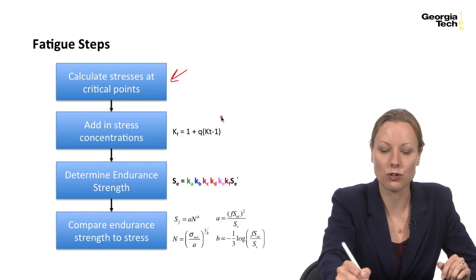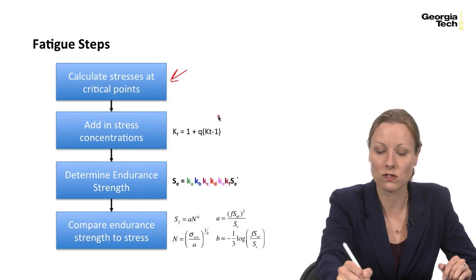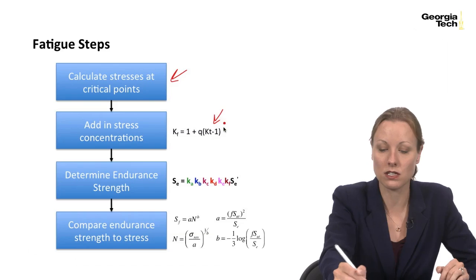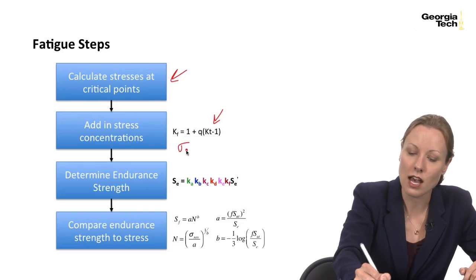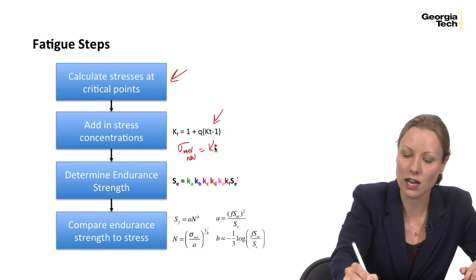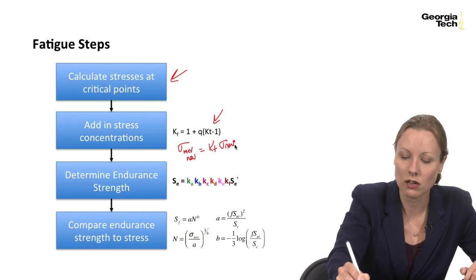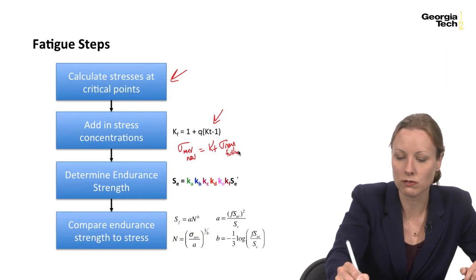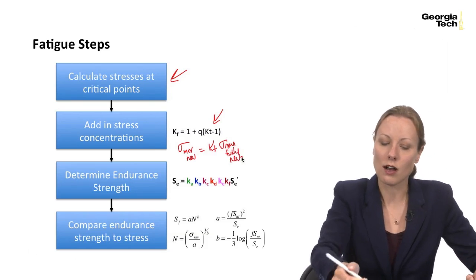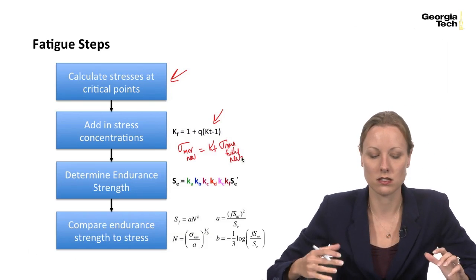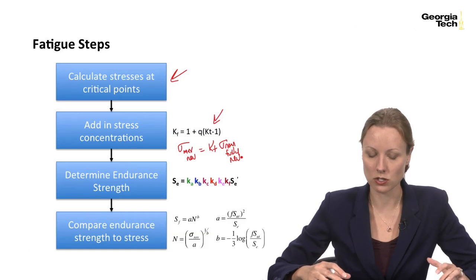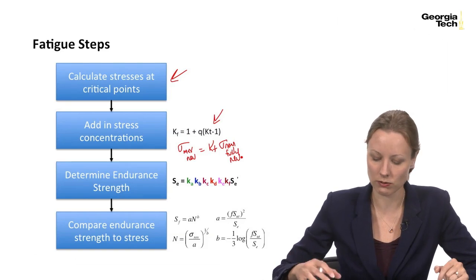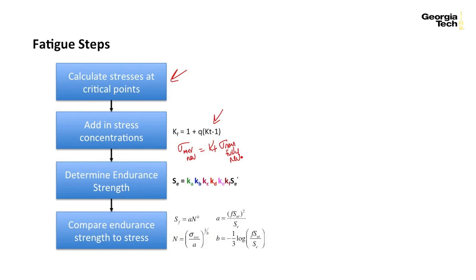Now you know the equation to calculate the fatigue stress concentration factor, and then you can say the sigma max fully reversible is going to be your KF times your sigma nom, which is nominal fully reversible. You've already learned how to determine the fully adjusted endurance strength, and you now know how to compare your endurance strength to your fully reversible stress.